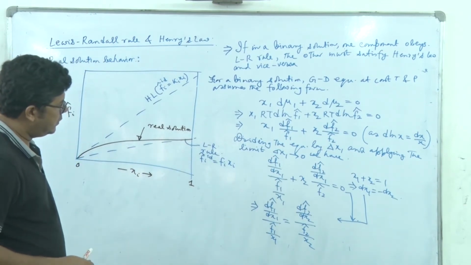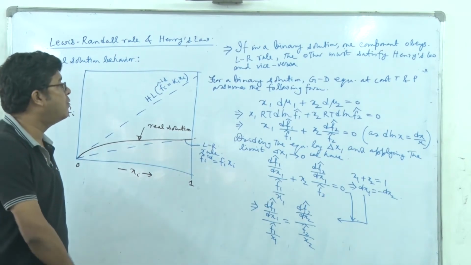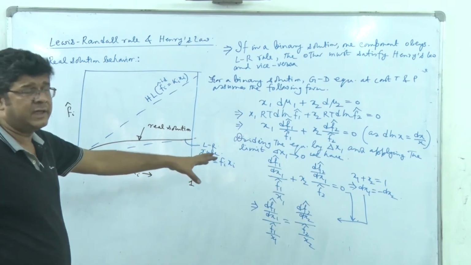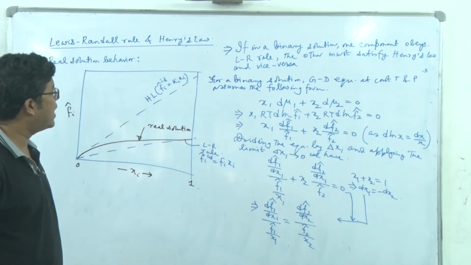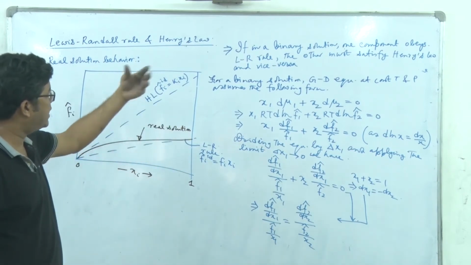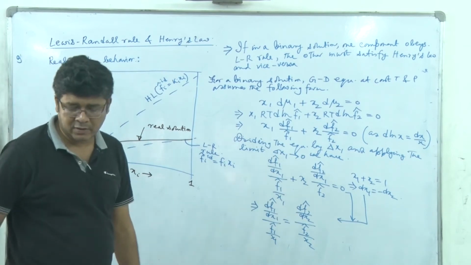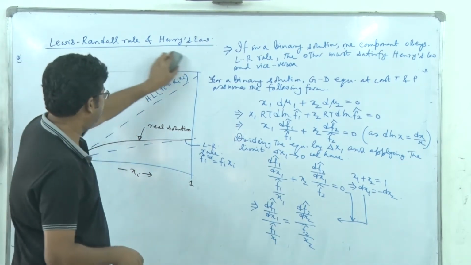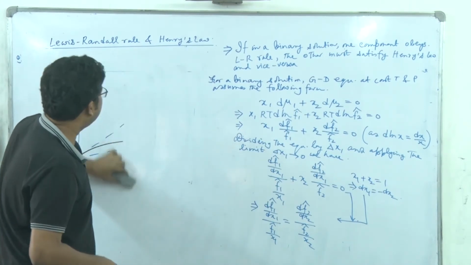Okay? So this is the form on which we will apply some condition related to concentration, which will give you that this LR rule is valid for one component, and let's check what will be the governing equation for the other component's fugacity.